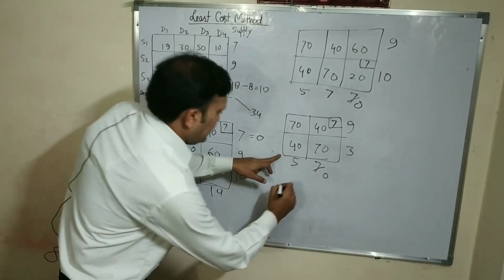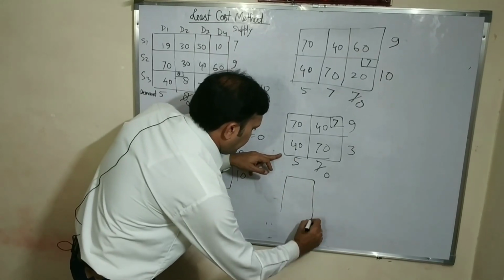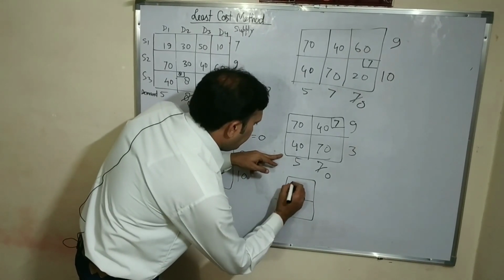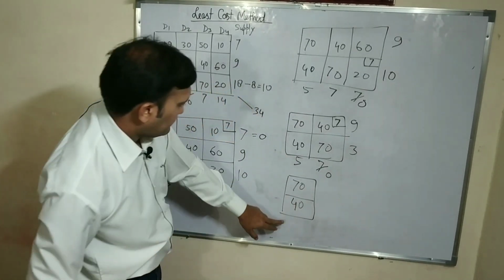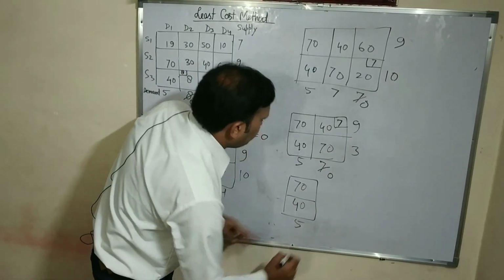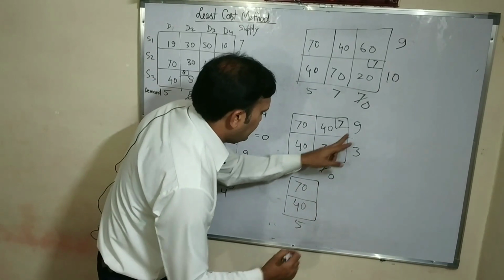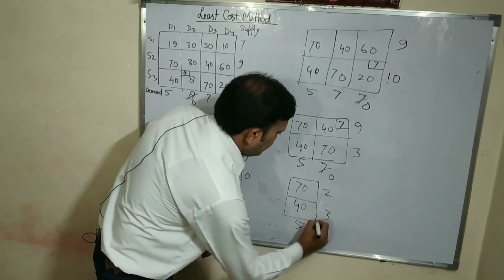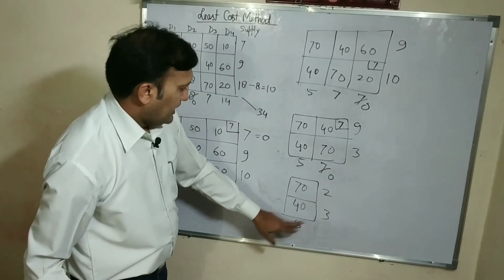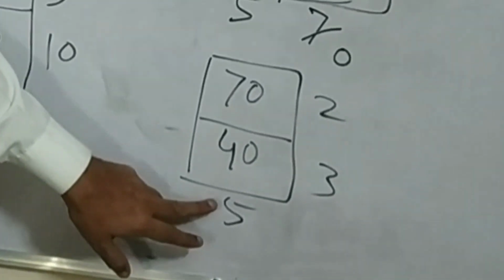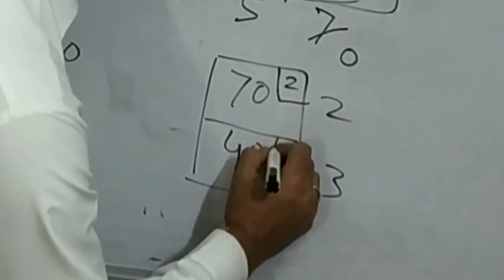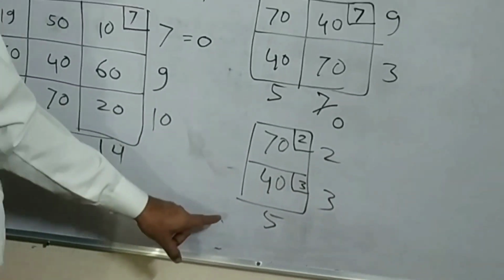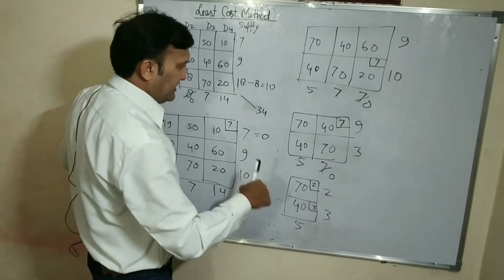It will be 0 in the next matrix. We are going to make this one, so here it will be 5, and in the next one it will be 2 and 3. So our demand side is equal to the supply side, so we are going to do the allocation like this one, 2 and 3. So this is done. Now all the allocations are done.